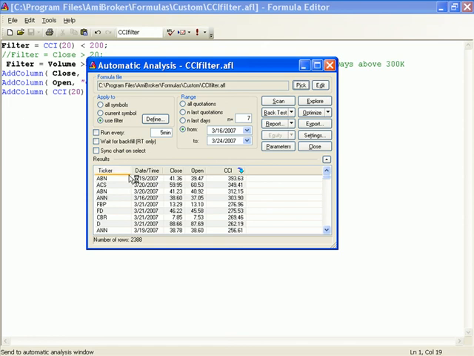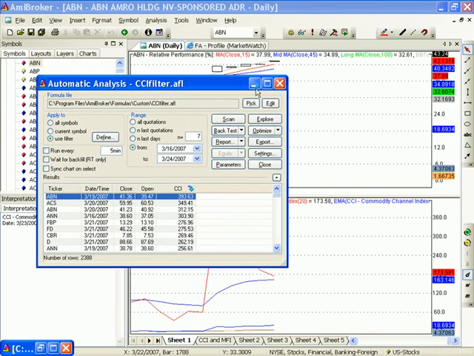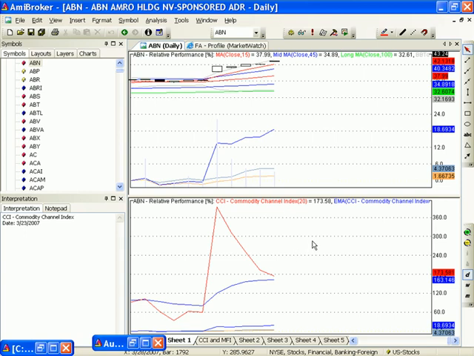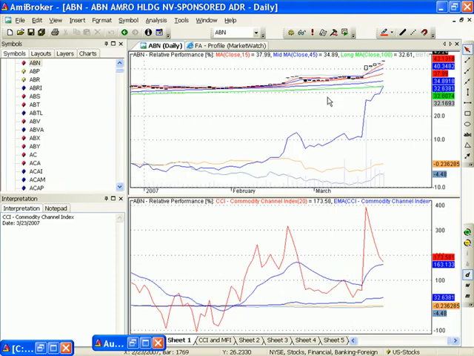Okay, so ABN, let's see, double click, gotta minimize this, gotta move this out of the way, dock it please, and alright, so let's zoom out. See, those charts aren't very pretty.